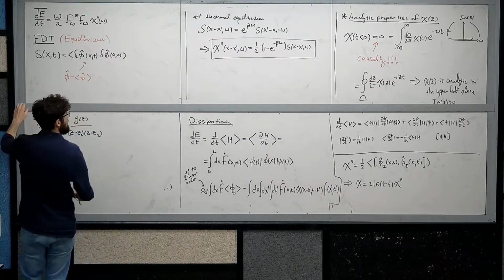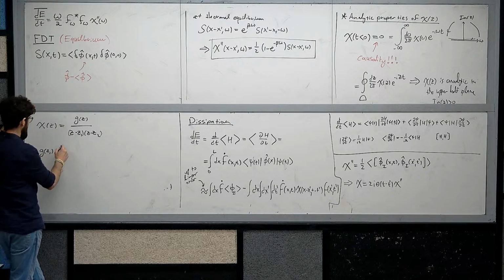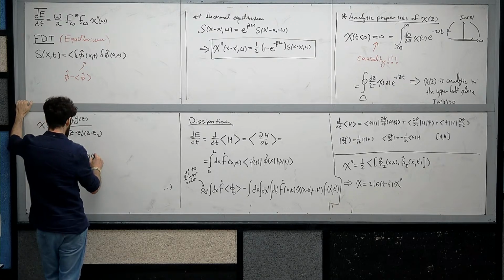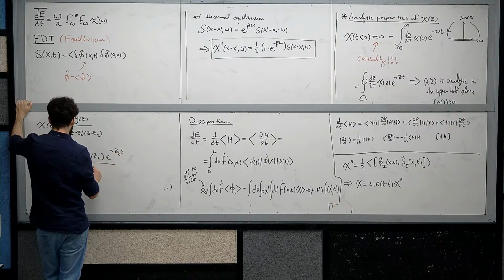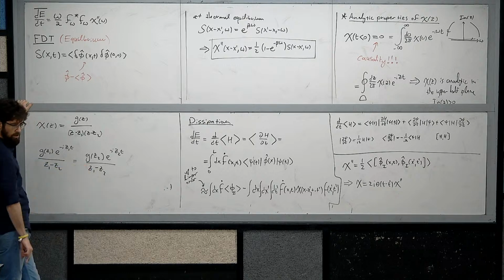So what that implies is that g of z1 e to the minus i z1 t divided by z1 minus z2 needs to be equal to g of z2 e to the minus i z2 t divided by z1 minus z2, where I flipped the sign here because I switched sides.